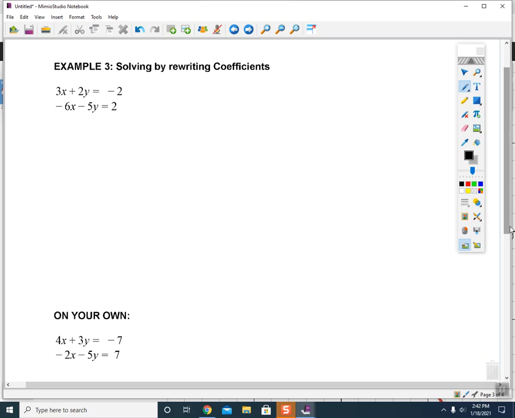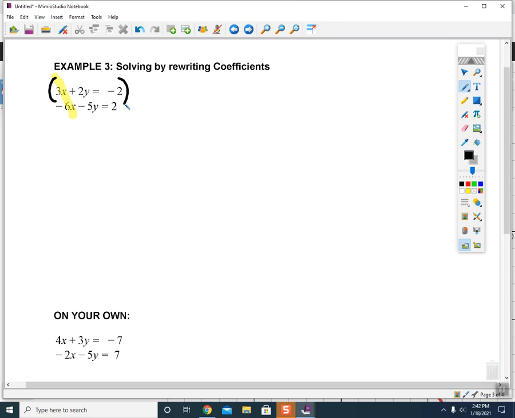Well, I don't really have any that are matching right now, right? But what I have noticed is that these are really close, right? 3x and negative 6x are very, very similar. So what I can do is I can manipulate my first equation so that it matches the second one.